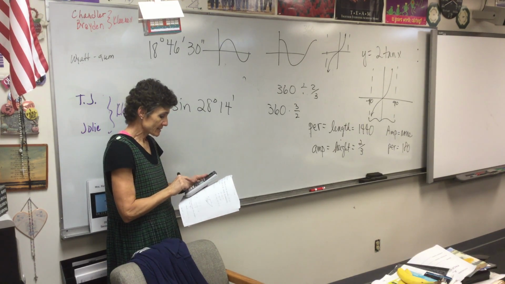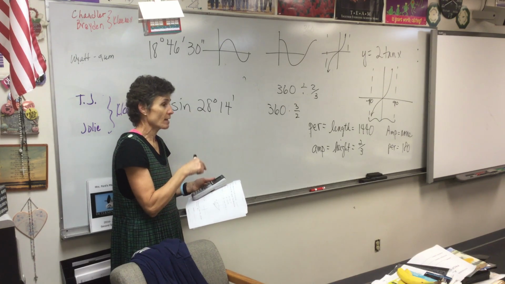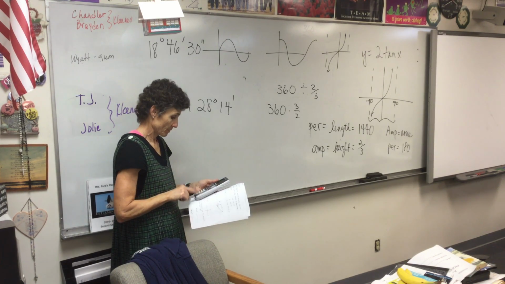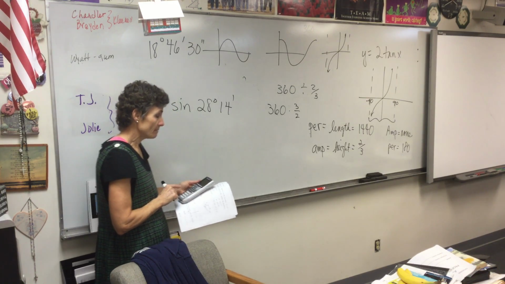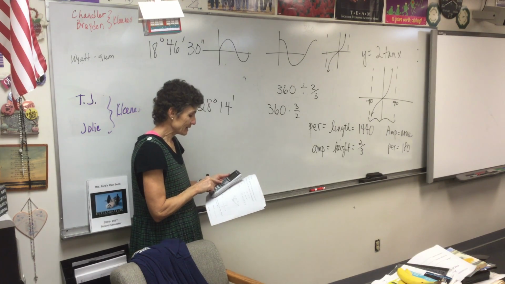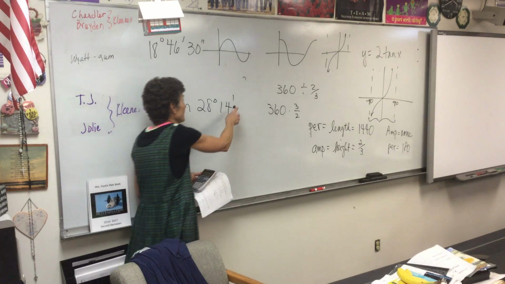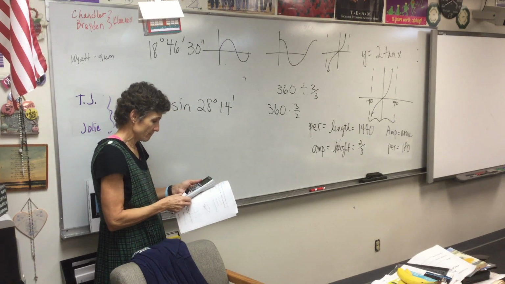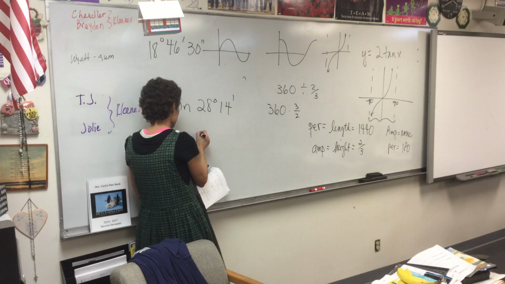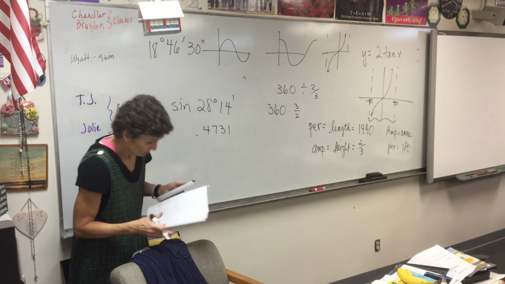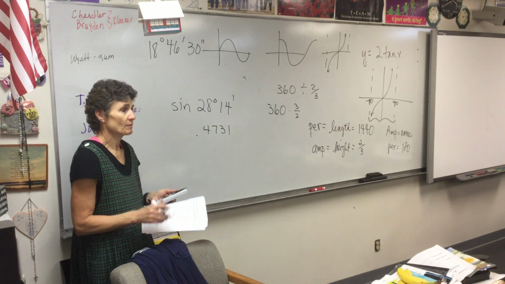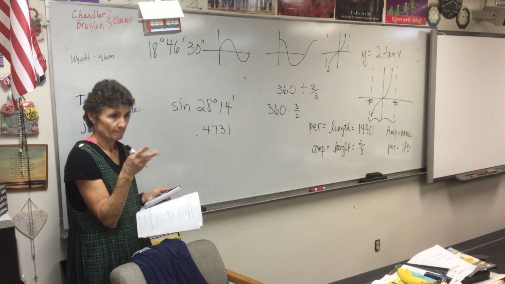So I go back to second apps, and it's right there. See it? Press enter, then press 14, go back into second apps. Now you need the minute mark, so you have to go down one, and the answer is 0.4731. Round to the 10,000, that's 4 decimal places.